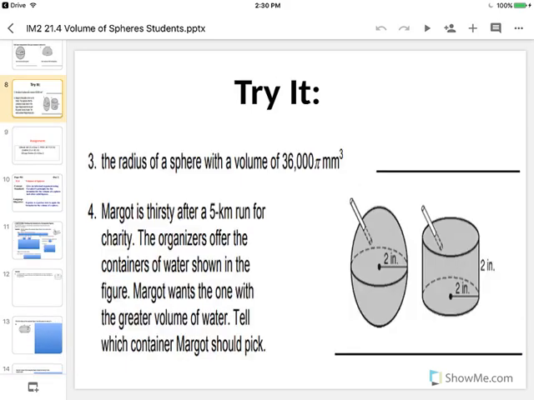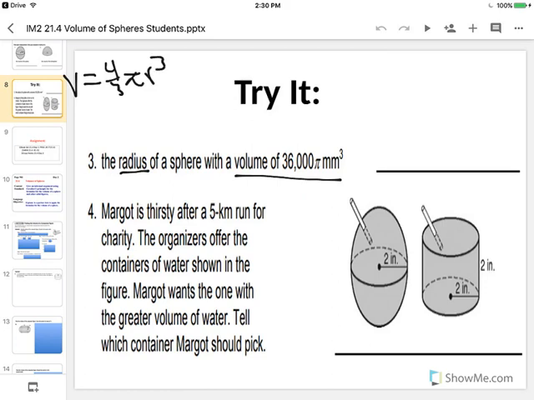For numbers 3 and 4, find the radius of a sphere with a volume of 36,000 cubic millimeters. Here we're giving you the volume, and you're looking for the radius. For number 3, we can say that 36,000 equals 4/3 pi r cubed.